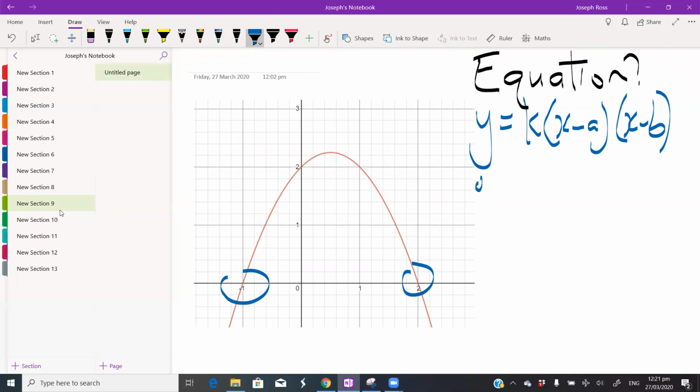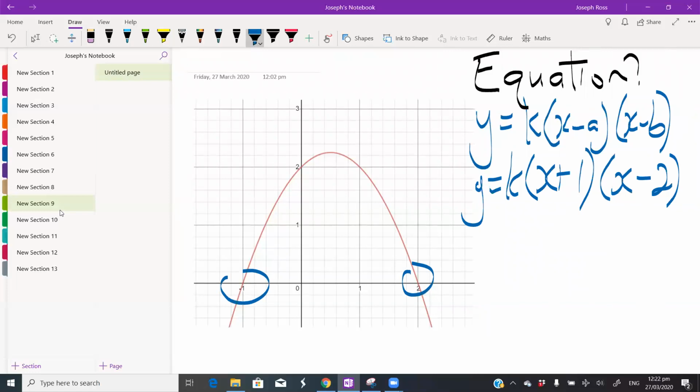So our equation is going to be y equals k times (x minus negative 1). Minus negative together like that becomes a plus, so that's (x plus 1) multiplied by (x minus 2). Okay, so we have our almost equation, but now we need to find the value of k.